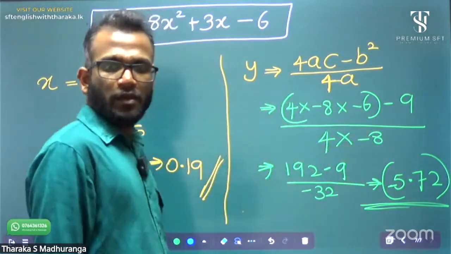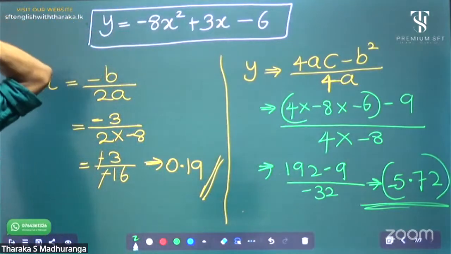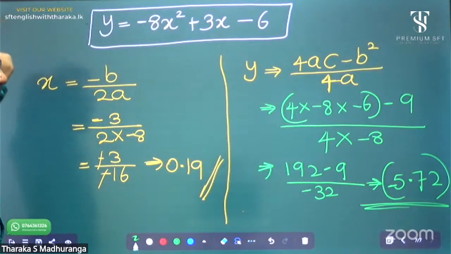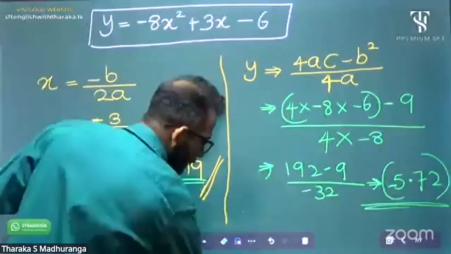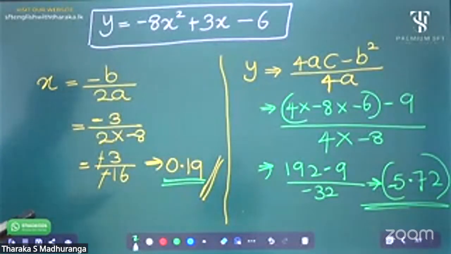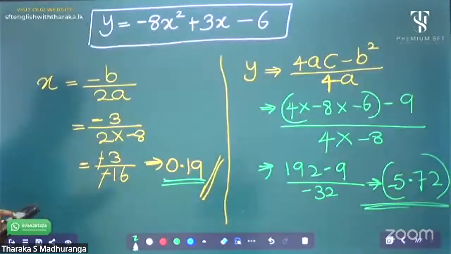Can you try to get the same answer by the substitution method? 0.19 is the x value, you can substitute this: minus 8 into x squared, meaning 0.19 squared, plus 3 into 0.19, minus 6.